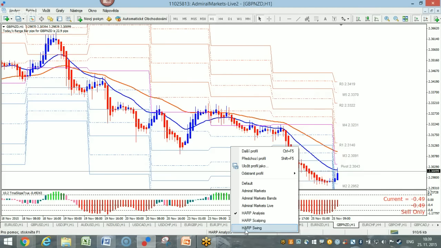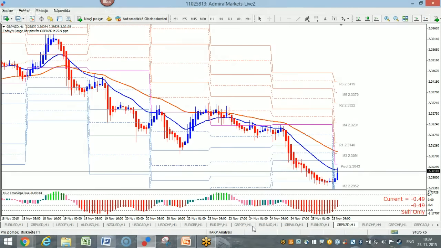So let's go to the HARP range bar analysis template. Okay, so I've got to switch templates. It'll just take a few seconds because it has to load all the other data. I do have a lot of data on this platform, so a lot of templates, a lot of indicators.